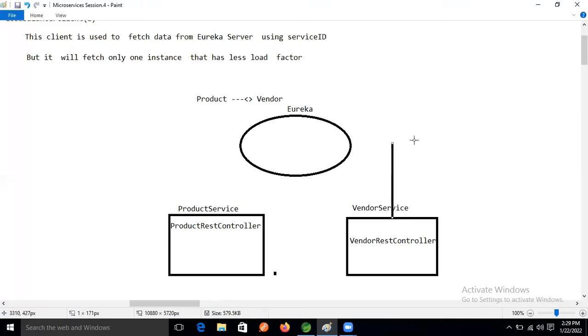We need both microservices to be published inside the Eureka server.